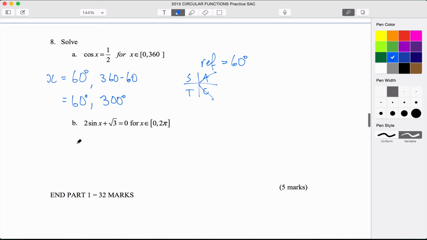Final one, 2 sine x plus root 3 equals 0 from 0 to 2 pi, so we're using radians again. 2 sine x equals negative root 3, moving the root 3 to the other side. Sine x equals negative root 3 over 2. Our reference, if we look up root 3 over 2 for sine, is pi over 3.